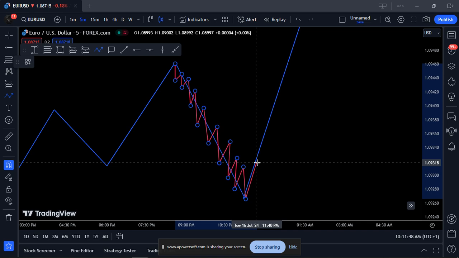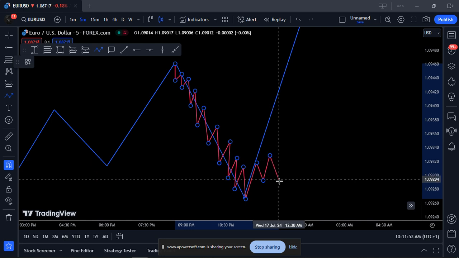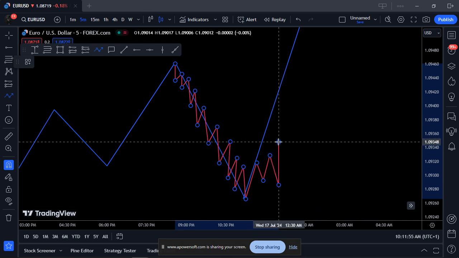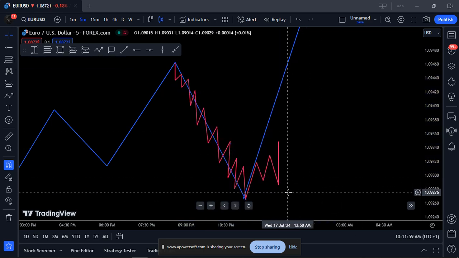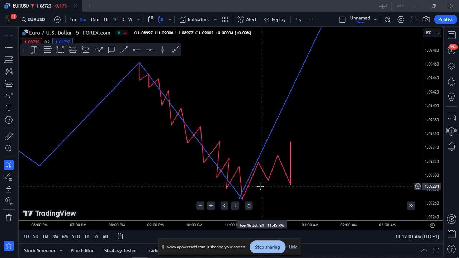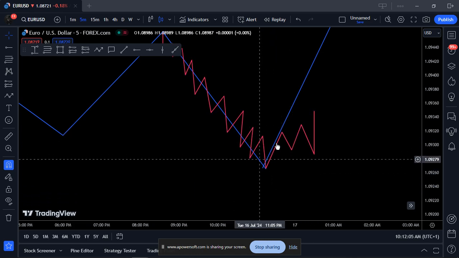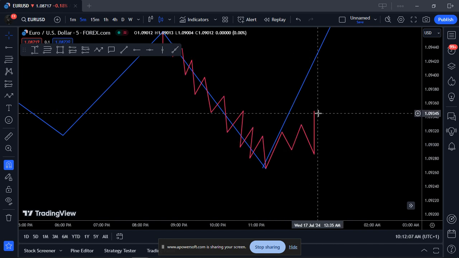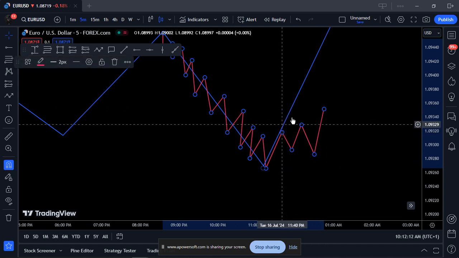Now, opposing liquidity taken. Sorry for how rough it is. So, when we see this complete inducement entry here, we long it.